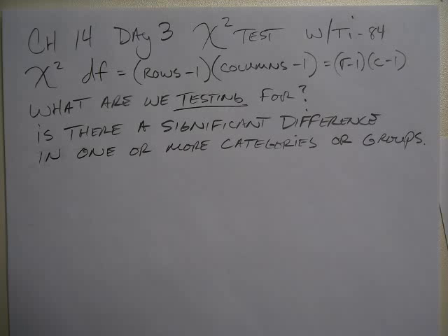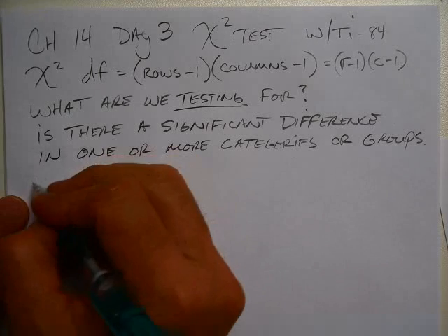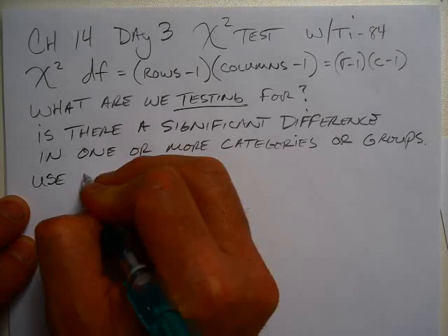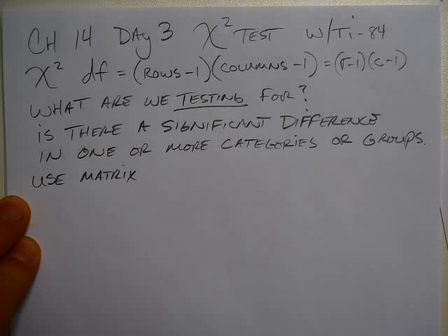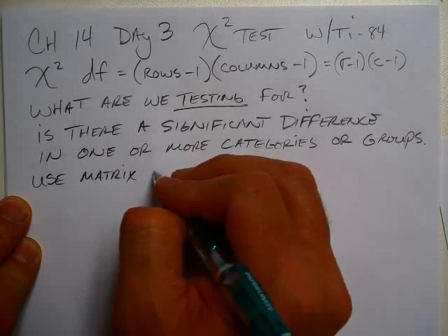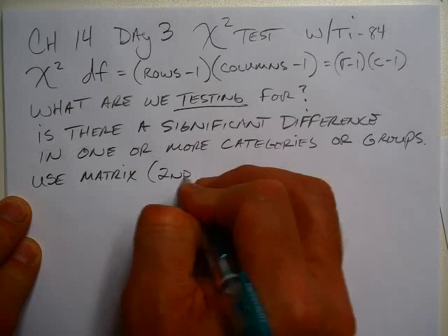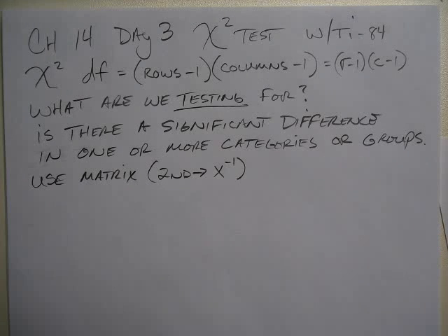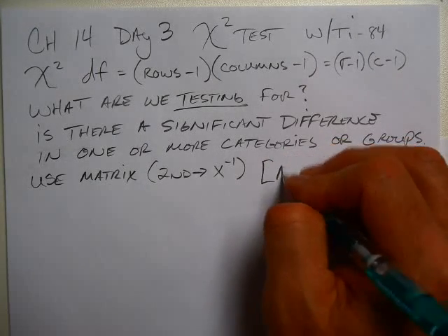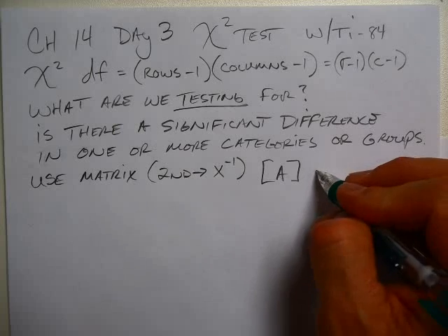Now, we can't use a bunch of lists in this case. We're going to use something that we haven't used in this class before, but hopefully you've experienced before. We're going to use a matrix. If you haven't used a matrix before, or if it's been a while, what you have to do in the calculator is hit second and the X inverse key, which is just below the math key on the left. We will build matrix A for the observed group.